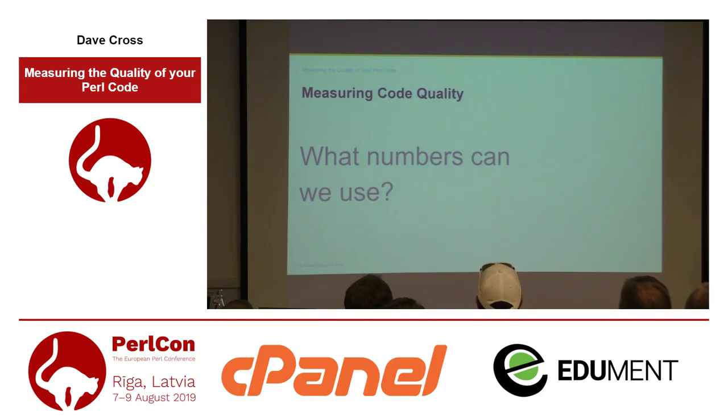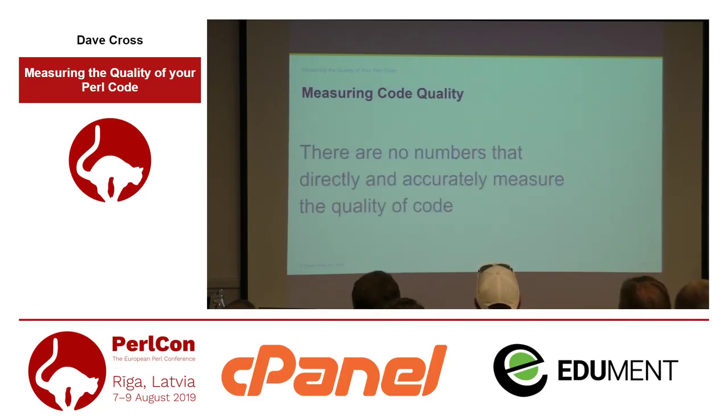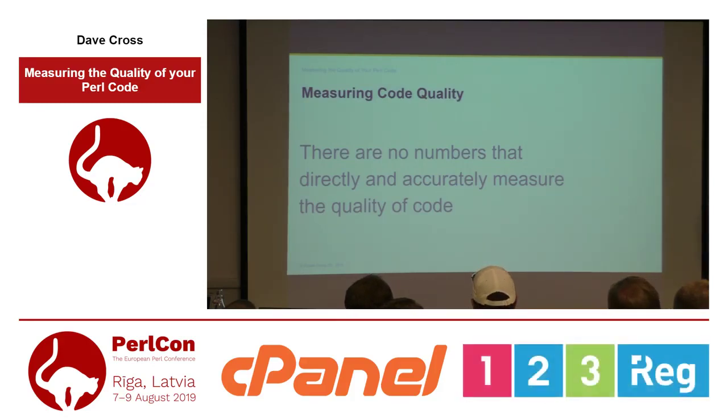Well, I've been working in this area for quite a long time, and I've been trying to work out the best way to achieve it. And the conclusion that I've come to is that there are no numbers which directly and accurately measure the quality of your Perl code. So I'm sorry for wasting all your time. That's the end of the talk.